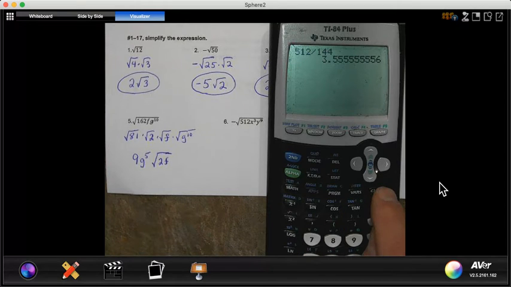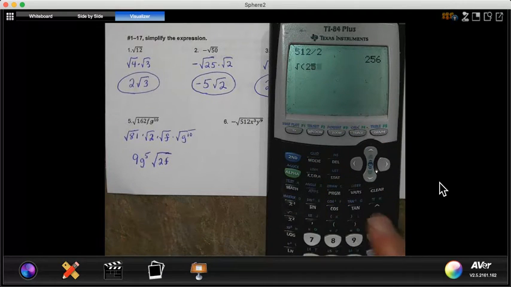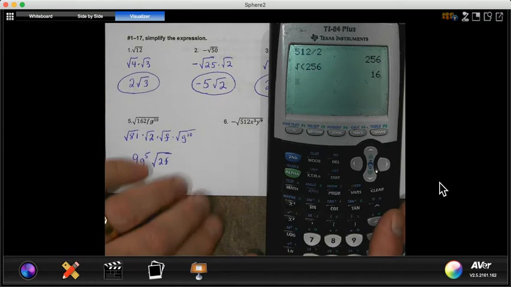No, because 144 is a perfect square. 512 divided by 121? No. So it looks like it should be cut in half maybe, divided by 2. It's 256. Is 256 a perfect square? Okay, so 16. So you have to do some guessing and some checking to see how this works.